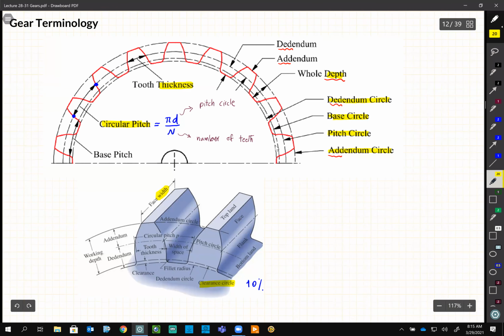Whatever it is, if it is 1 centimeter, for example, you should have 1 millimeter clearance between two gears. And we have other parameters like the fillet radius here and other things, which again, you will see in your future course when you actually design a gear.